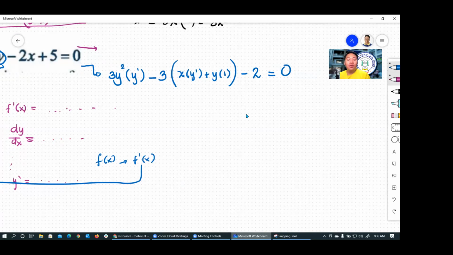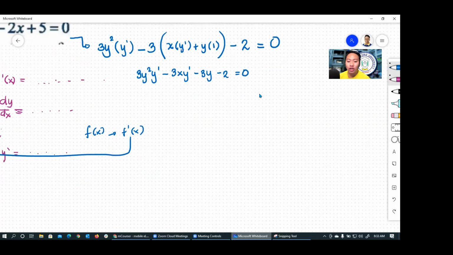So what do we do next here? We solve for y prime. We're just going to do the algebraic manipulation so that what remains on the left side should be the y prime and the rest of the terms should be on the right side. So we have 3y squared y prime, distributing 3, we have 3x y prime, plus, excuse me, negative 3y minus 2 equals 0.